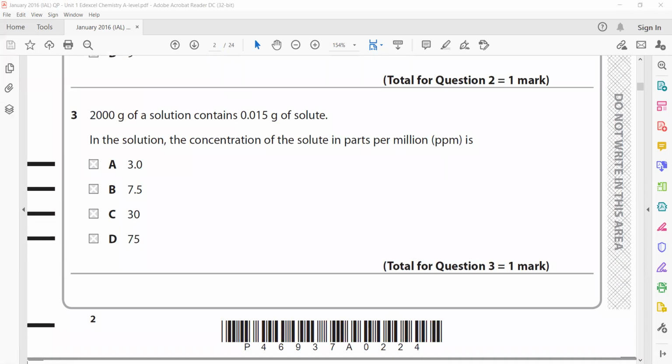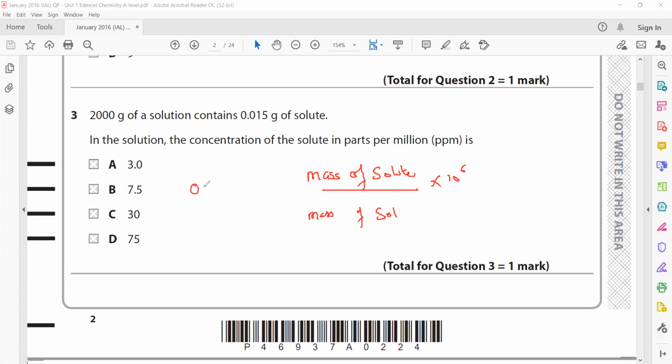For question 3, 200 grams of solution contains 0.015 gram of solute. What is the concentration of solute in parts per million? So mass of solute divided by mass of the solvent or solution, into 1 million, that will give us concentration in ppm.